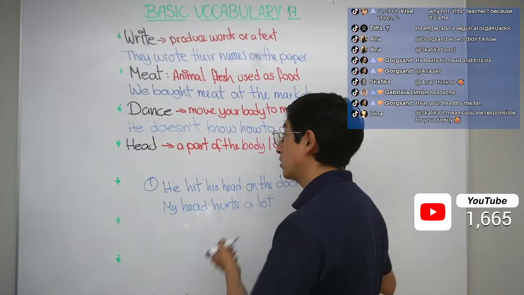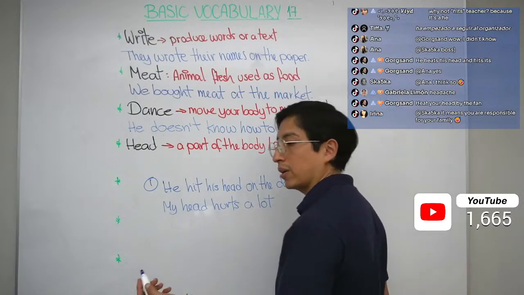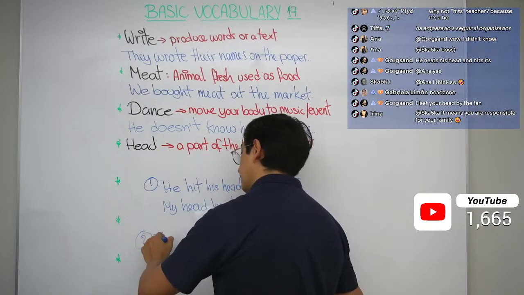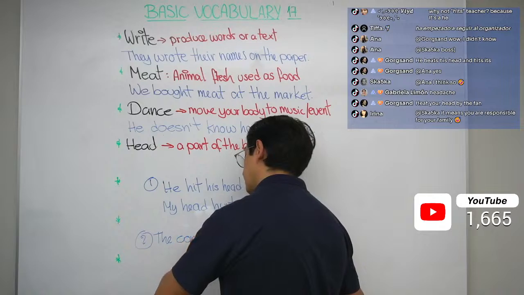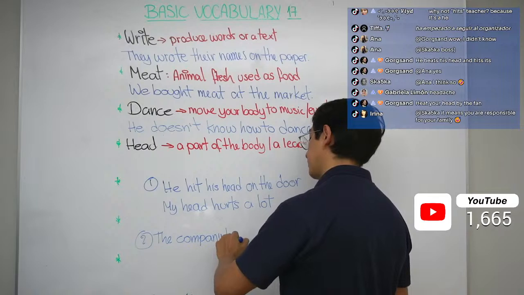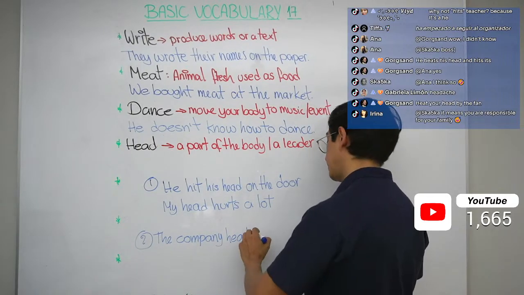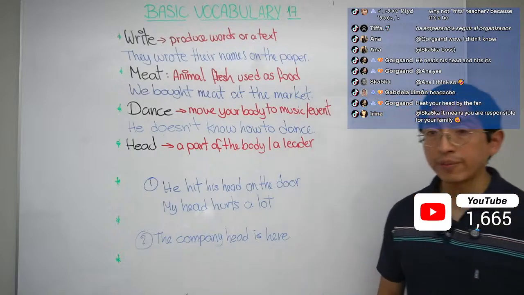Now, let's continue with number two. We're talking about a leader. Yep, we can say this here, for example. The company head. The company head is here. Okay, so we're talking about a person.